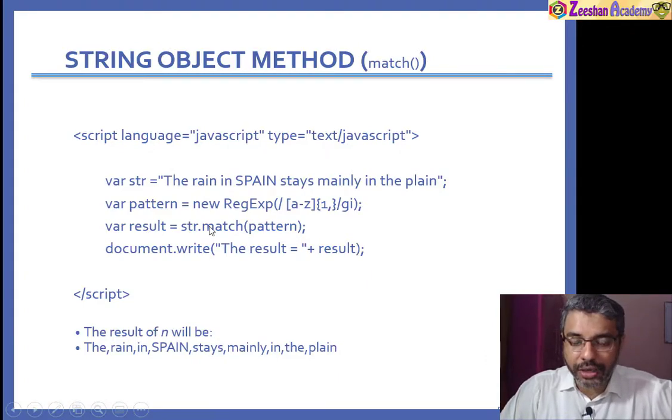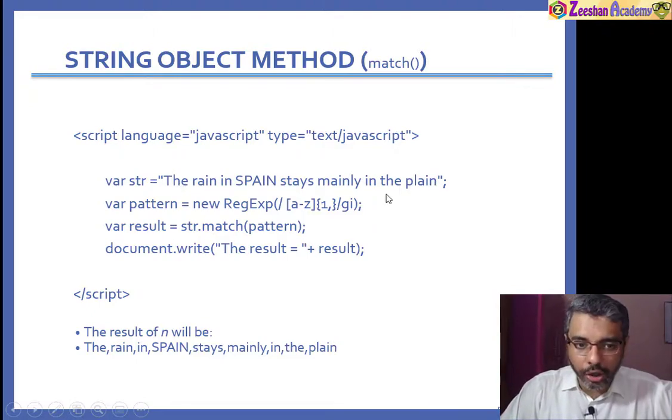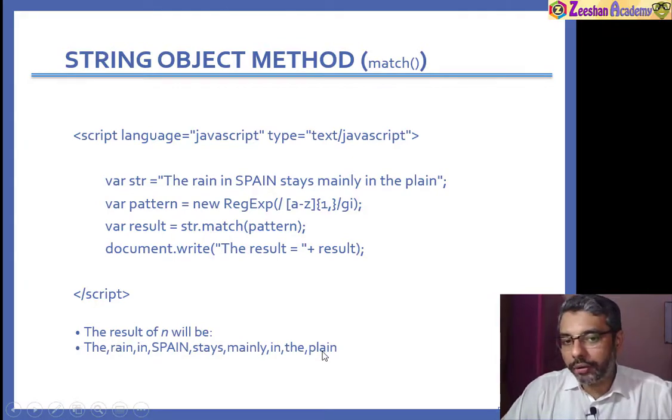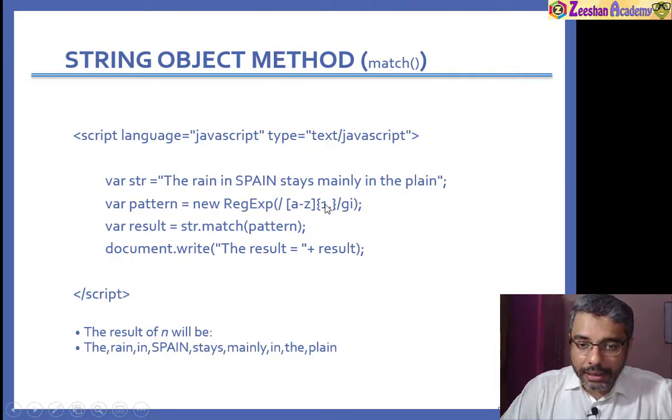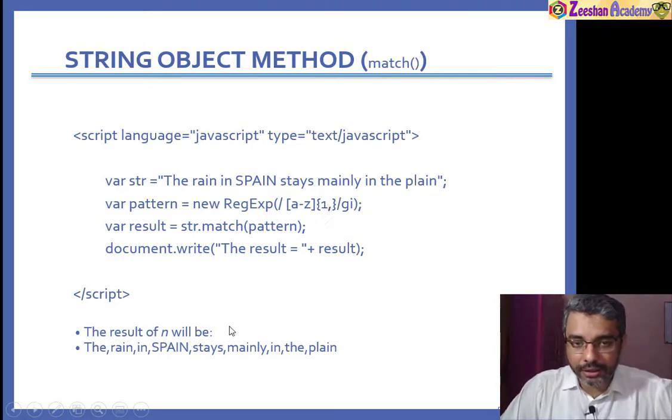So match this pattern within the string and write the result. What this will do is go and read all the content. The string "The rain in Spain" comes in this particular order. So we are trying to search whether this string contains these characters, and return these characters for me. So it will go and read all these characters, match them, check that yes it satisfies this expression, and return it to us.